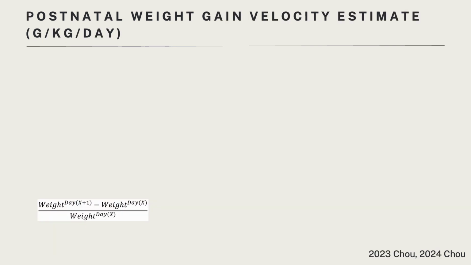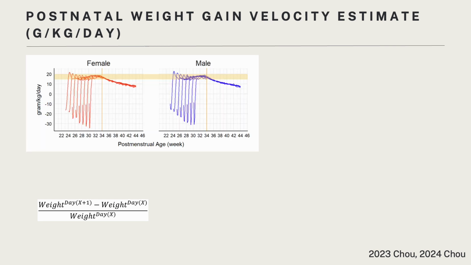Estimated weight velocity in grams per kilo per day can be calculated by taking the difference in estimated weight between the 2 consecutive days, then divided by the estimated weight for the first day. We can then plot the mean weight gain velocity in grams per kilo per day.